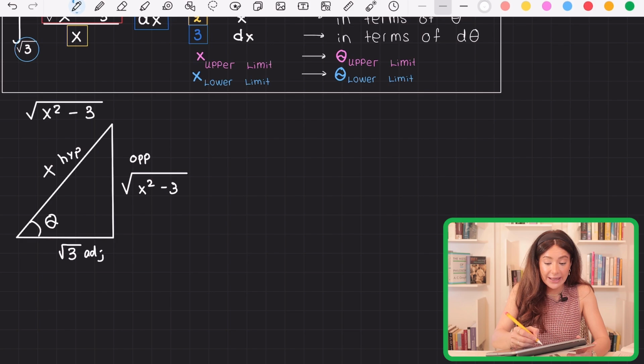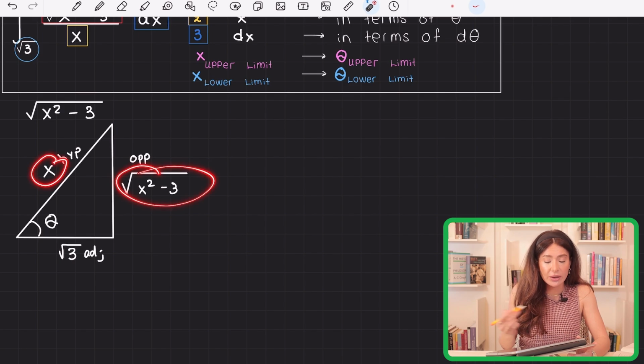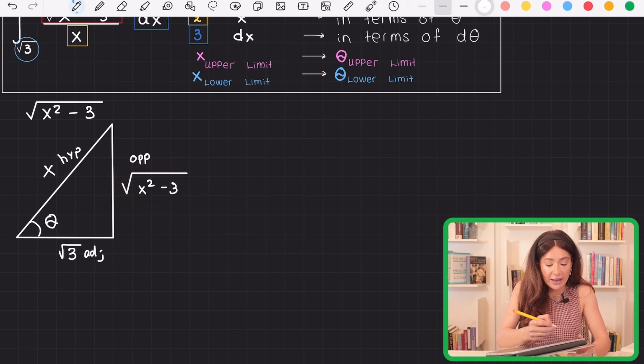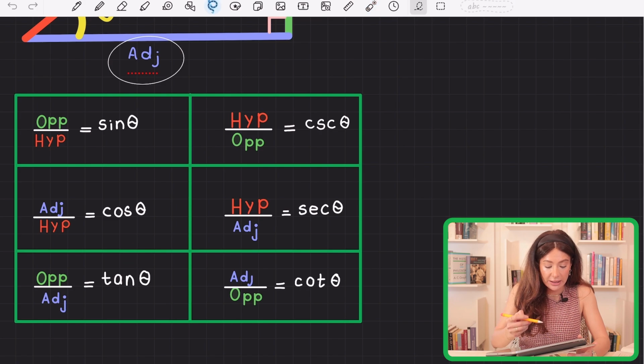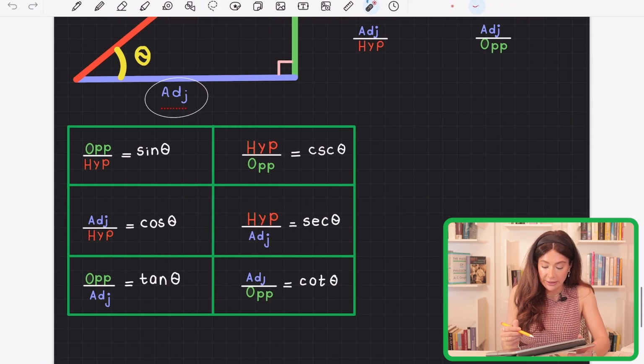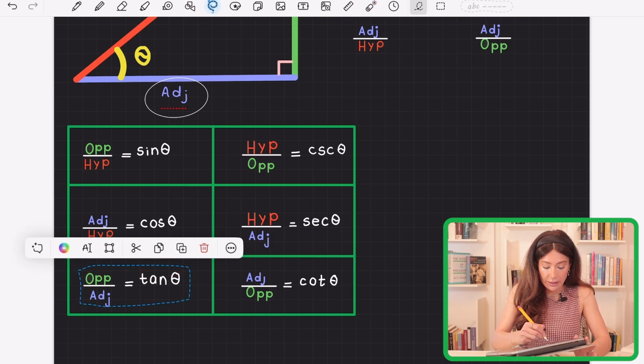So I want to connect this to a number. I definitely don't want to connect an x expression to another x, because I'm trying to get rid of x. I'm trying to write everything in terms of theta. So I look here and I find that the opposite side is involved with 4 different ratios, but I want it to be connected to the adjacent, and I also want it to be at the top. So this is the one that I'm going to use, okay?